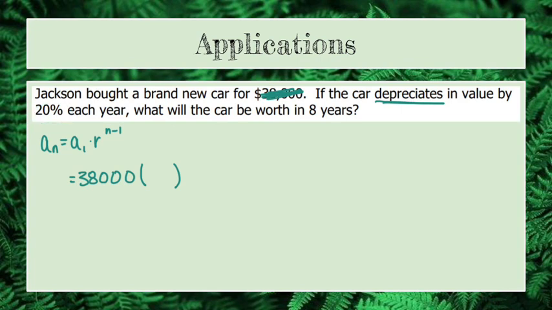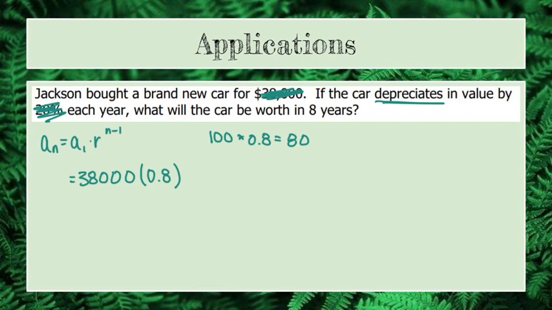If we take 100 and multiply it by 0.8, we will get 80. And that is a 20% decrease. So we are going to multiply this by 0.8.